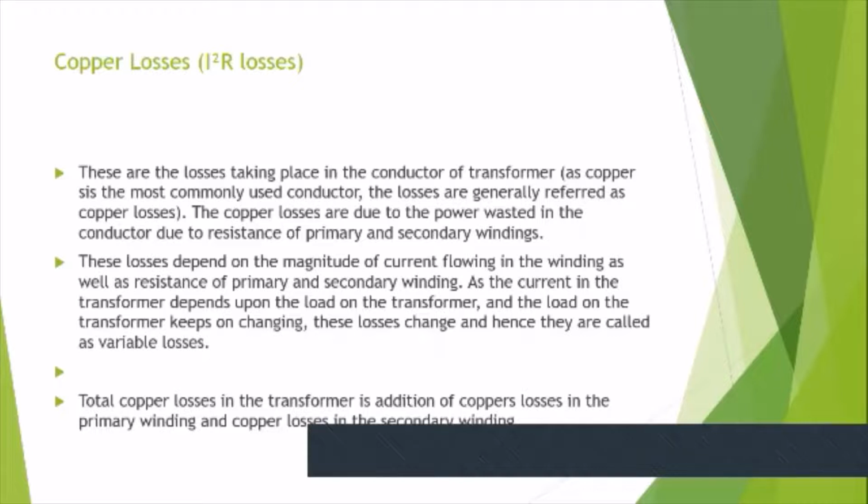Total copper loss in the transformer is the addition of the copper loss in the primary winding and the copper loss in the secondary winding. This means we have to calculate the copper loss in the primary winding as well as in the secondary winding, and the total loss is the addition of the two.